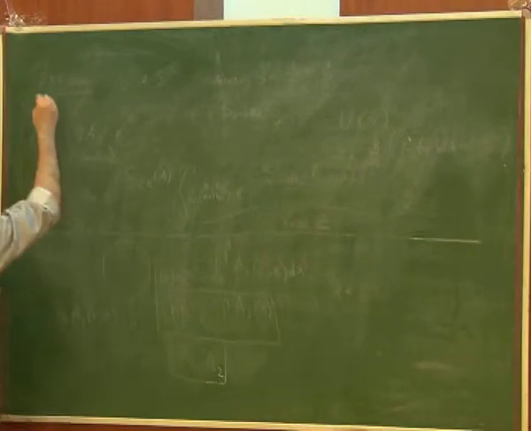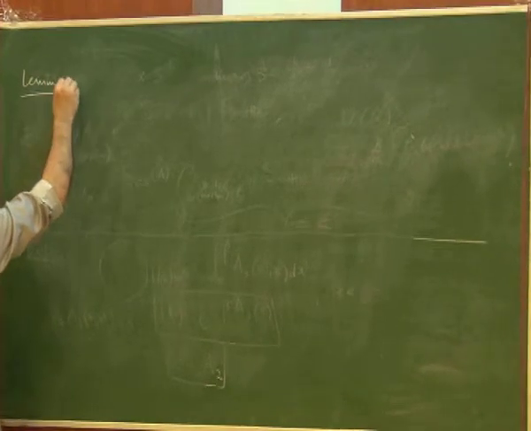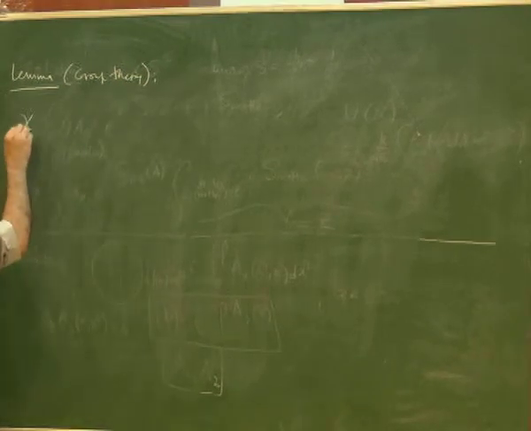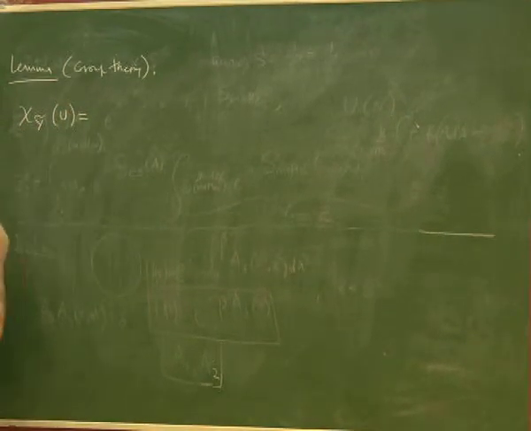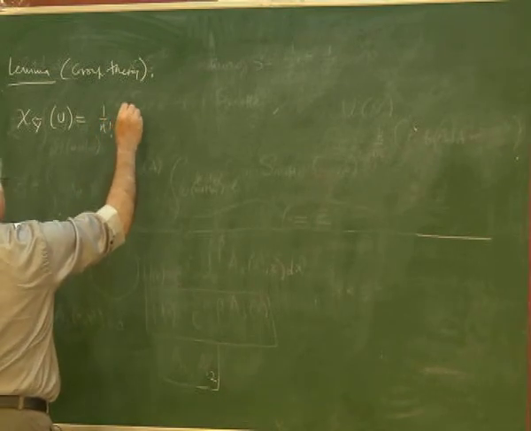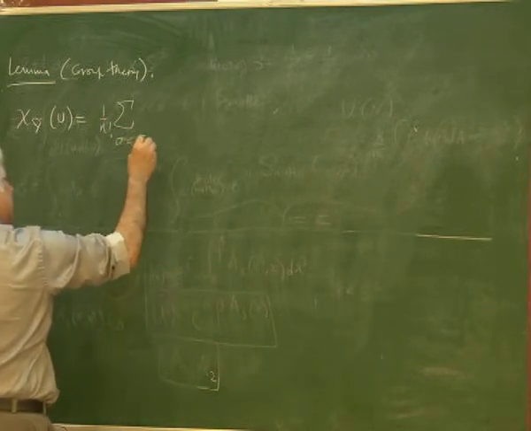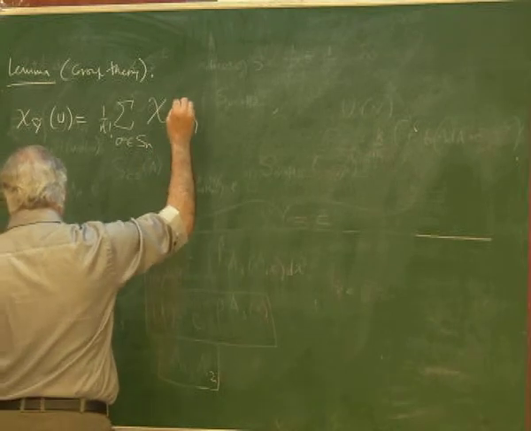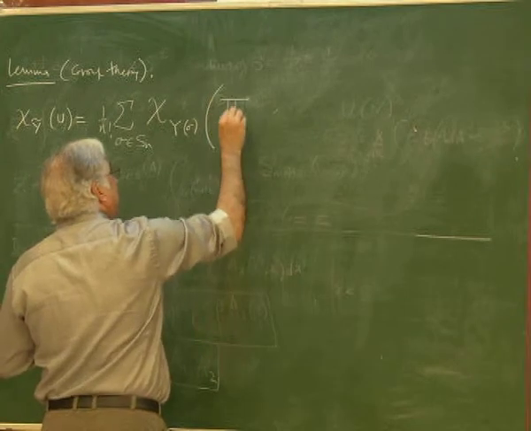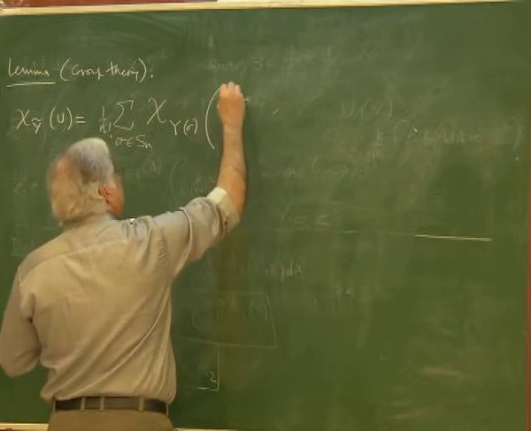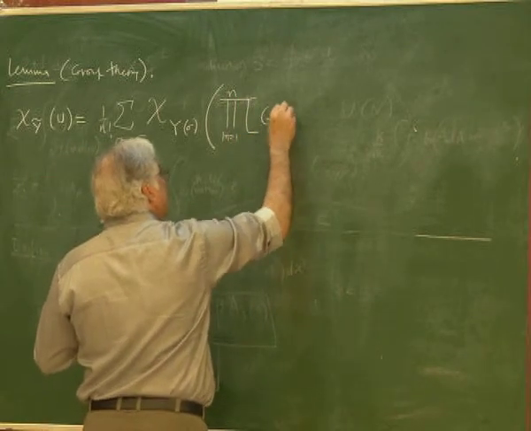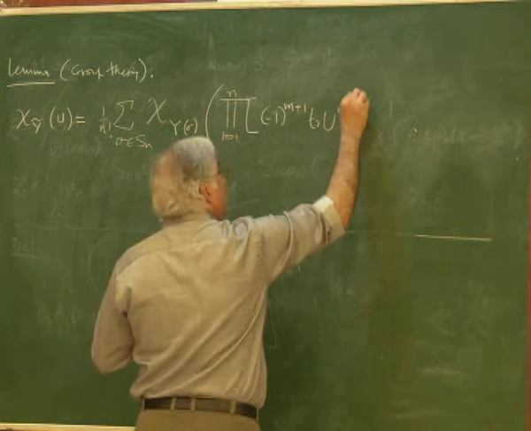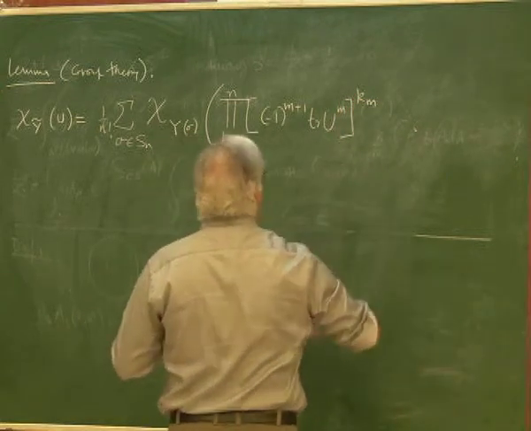This is the lemma from group theory: chi of Y twiddle of U is equal to 1 upon n factorial, summation over sigma, an element of Sn, of the character of Y of sigma, not Y twiddle but Y, times the product over m equal to 1 to n of minus 1 to the power m plus 1, raised to trace u to the power of km.